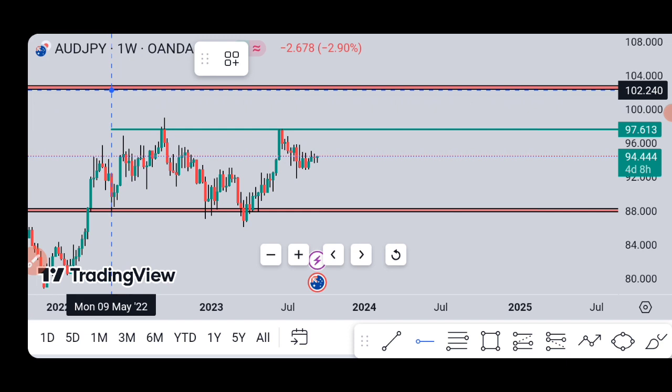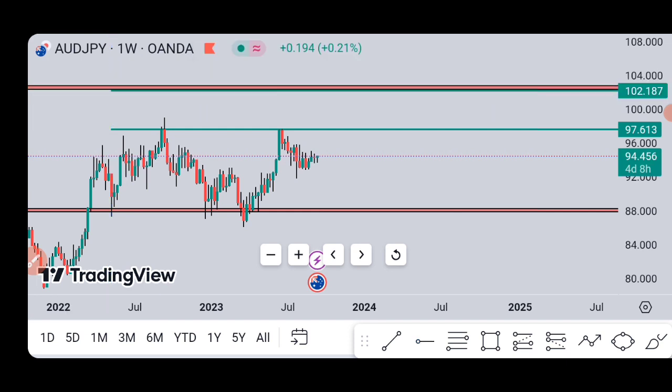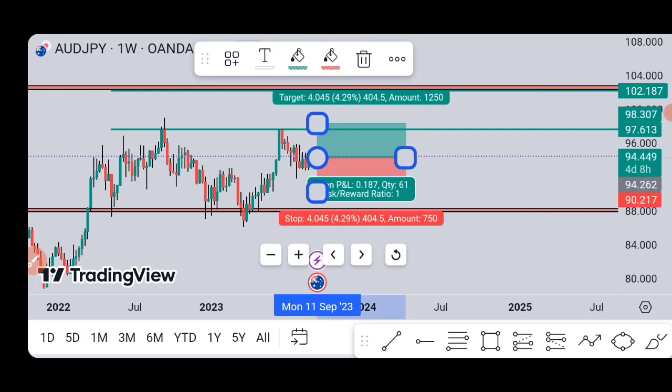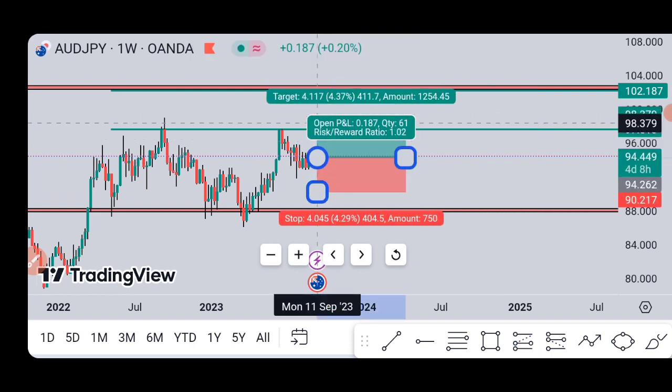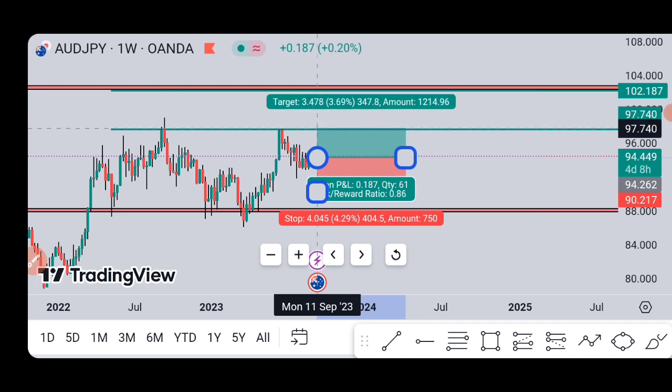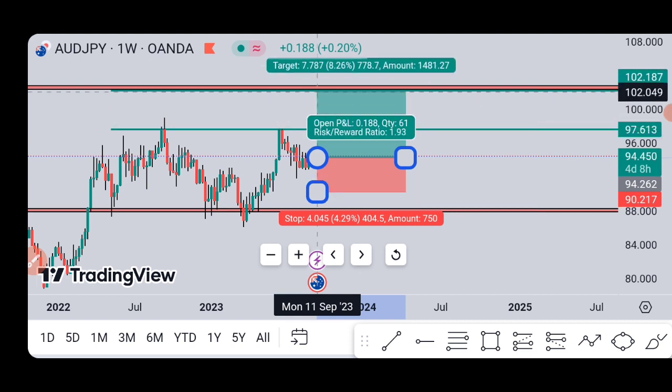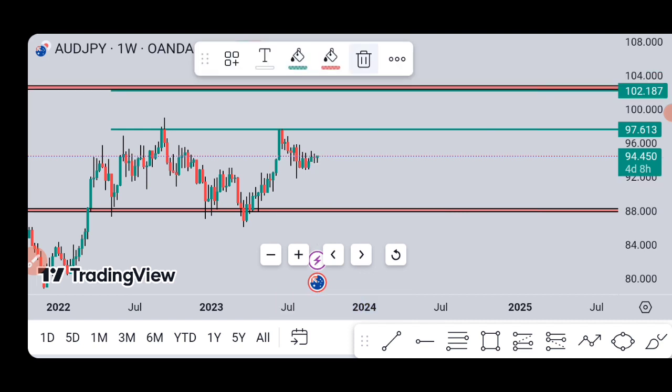So how many pips? Let me check the pips. If I'm entering this trade now, my TP1 is 331 pips. Then TP2 is 700 pips. Whoa, this is massive.